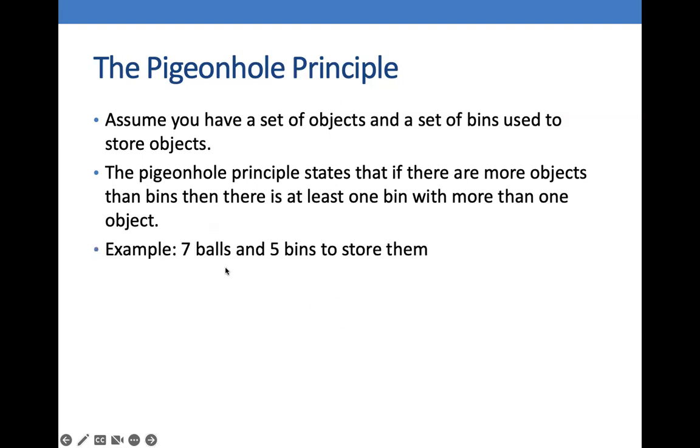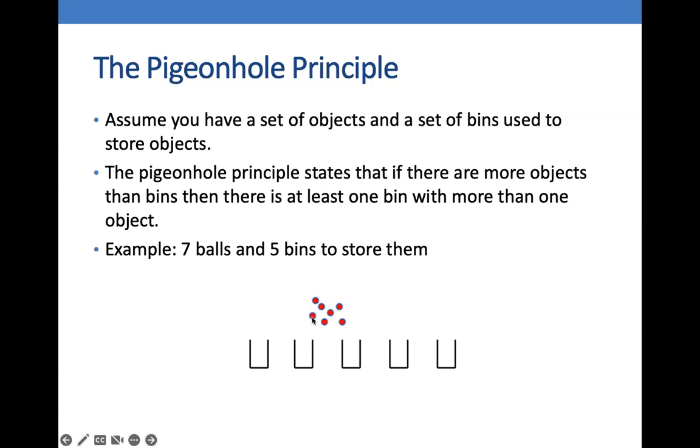For example, if you have 7 balls and 5 bins to store them, we are going to distribute these balls into the bins. The pigeonhole principle states that there will be at least one bin with more than one object.